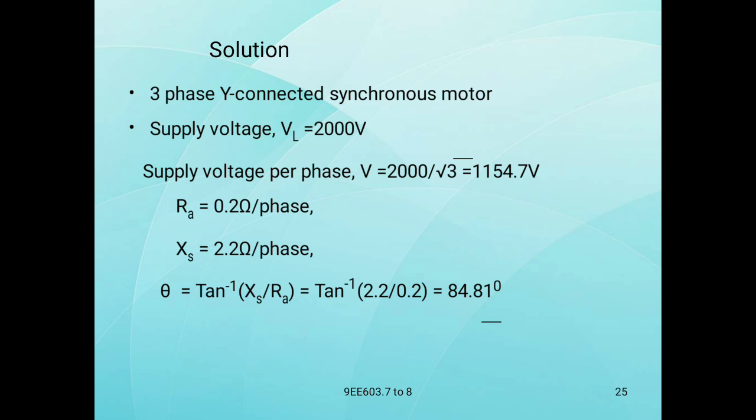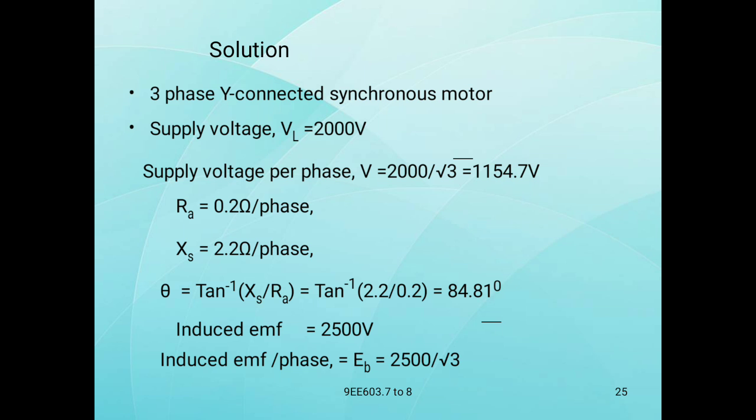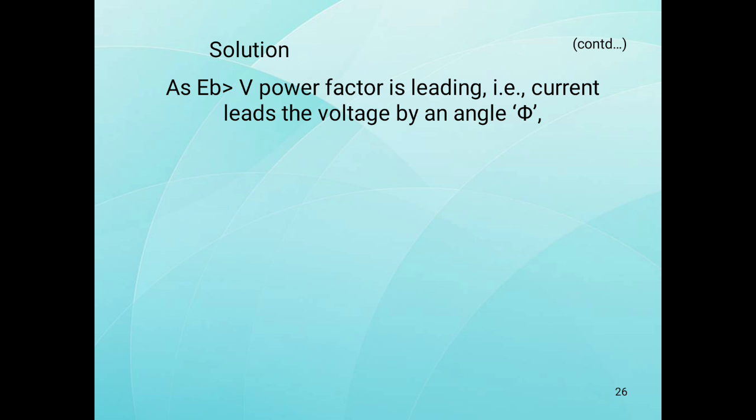Now theta is equal to tan inverse of XS by RA, that is tan inverse of 2.2 by 0.2, which gives 84.81. Induced EMF is equal to 2500 volts. Now phase induced EMF is 2500 volts by root 3, that is 1443.4 volts.